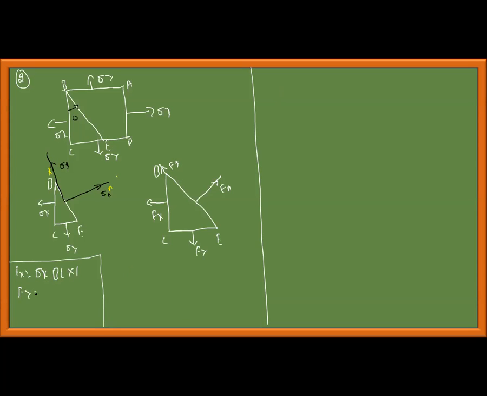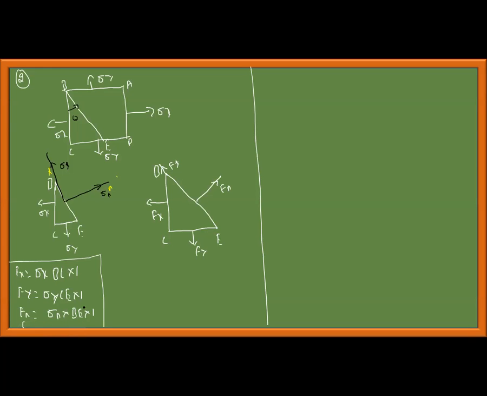Similarly, F of y is sigma y into CE into 1. Thickness is 1. F of n is sigma n into BE into 1, F of t is sigma t into BE into 1.